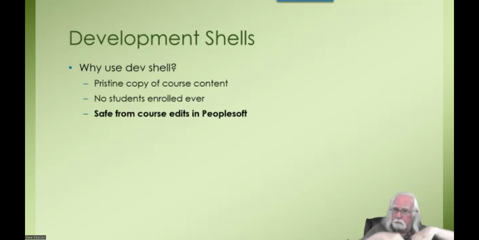Your students are enrolled in that shell, and somebody in one of the administrative offices decides, whoops, we have to change the CRN on this section. Or there was an error when we created the course encoding it and we have to recode it. And when that happens, PeopleSoft creates a whole new course record for your course in the administrative system. And that causes your teaching shell that you've been working in to vanish. And you get a new one that's blank.